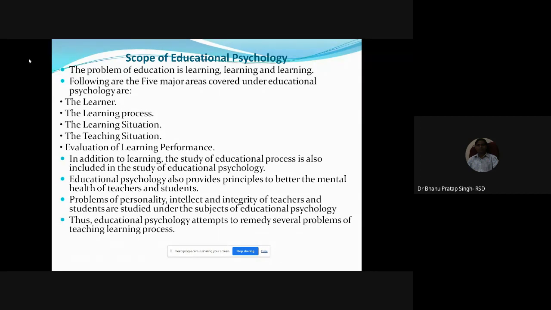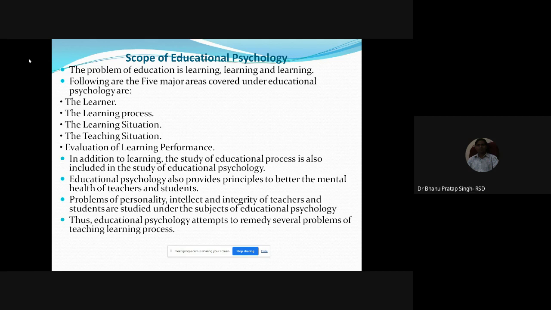Even it talks about the subject of educational psychology. So educational psychology attempts to remedy several problems of the teaching learning process. So this is the scope of educational psychology.